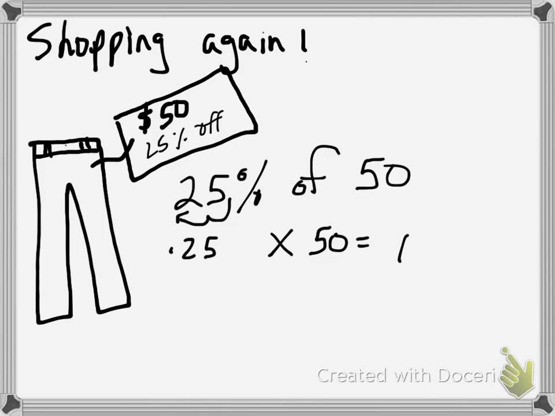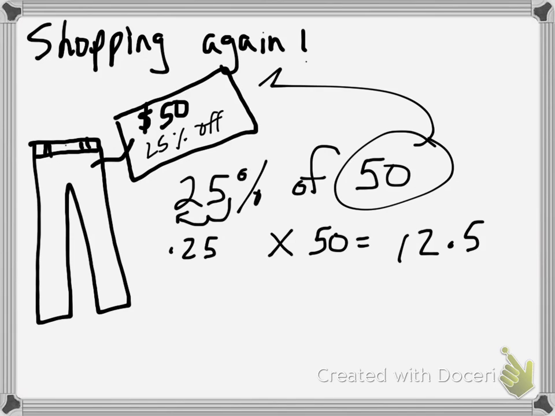So you're taking off 12 and 5 tenths. But again, remember, the 50 is actually dollars. So that means that our answer is dollars too. So you're going to be taking $12.50 off the price of these pants.